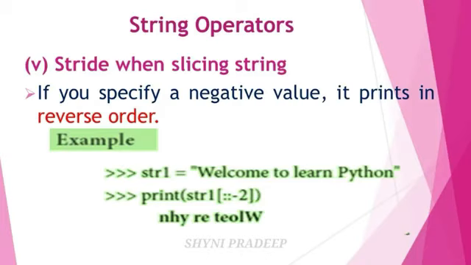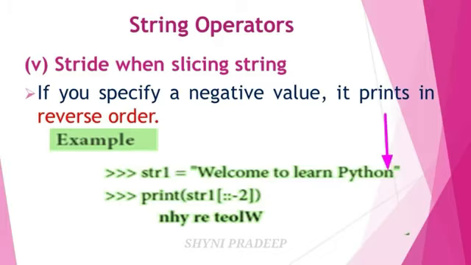Here the starting index value is not given, the ending index value is not given, only the negative stride value is given. So you have to print the whole string but with a stride of -2 from the last character. See this string.